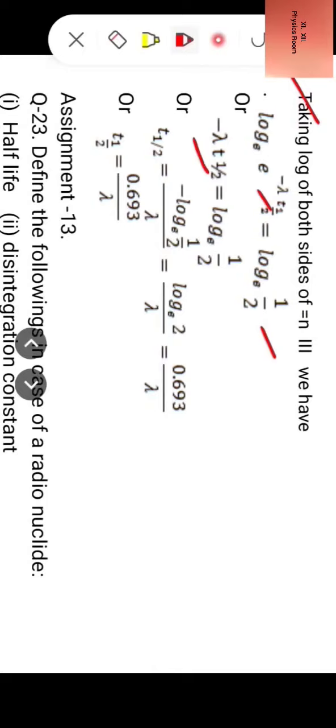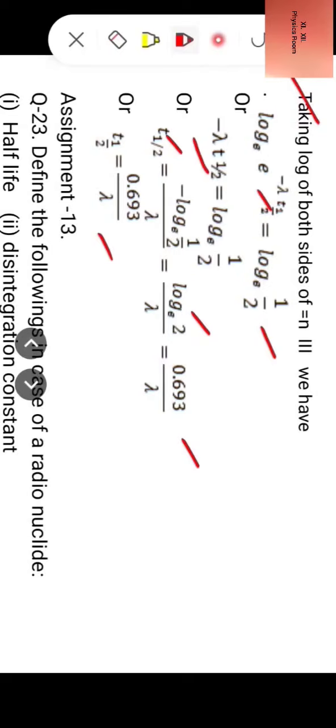Minus log 1 by 2 we can write as log 2 divided by lambda, or we can write it as 0.693 divided by lambda because the value of log 2 to the base e is 0.693. Therefore, t half is equal to 0.693 divided by lambda.